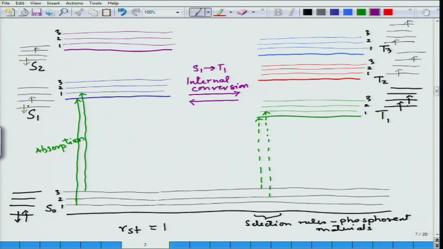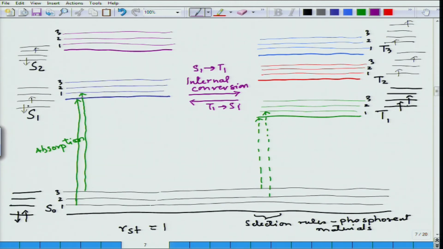That is, from T1, if the crossover is allowed, then one can also go from T1 to the S1 state. So, this is the second process which is possible in the electronic structure of the molecules.